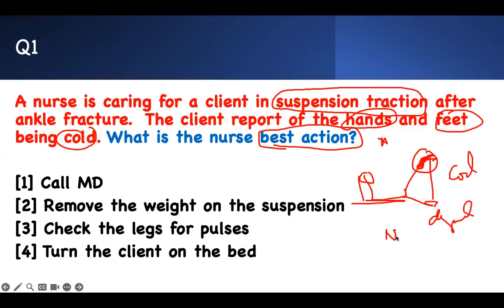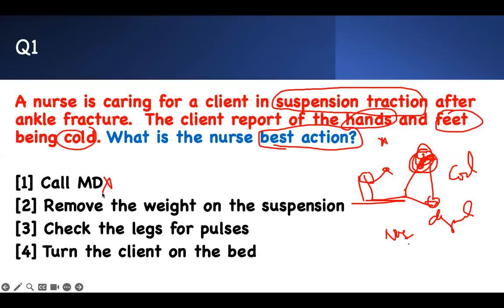His nose is going to be cold. His hands are going to be cold. His feet, his legs are going to be cold, especially the one that is elevated, because they're not going to get blood because of the dependent position. Blood flow there will be difficult. The heart has to take care of all this volume of blood.